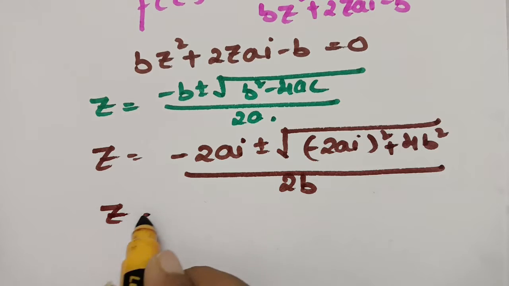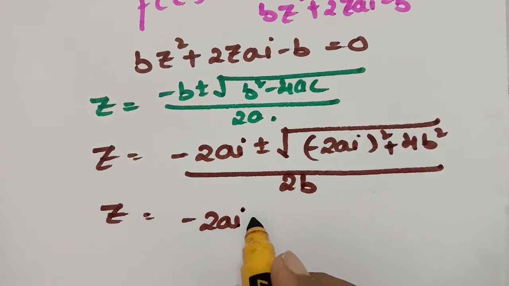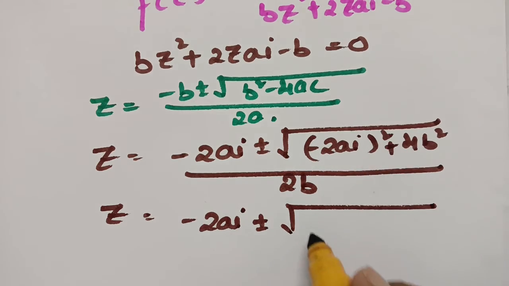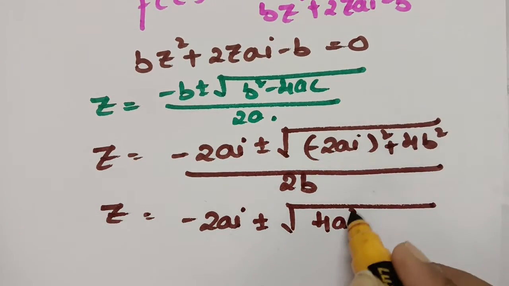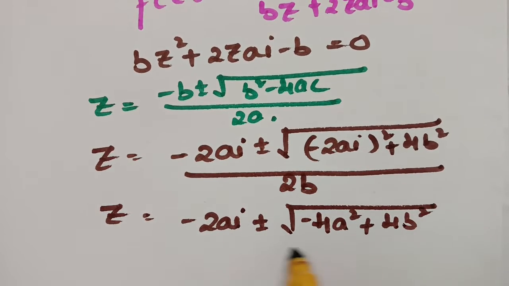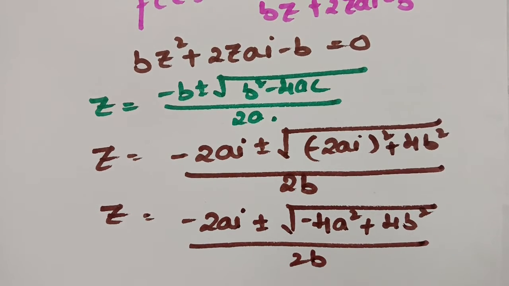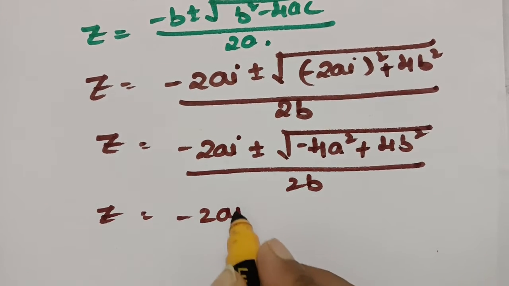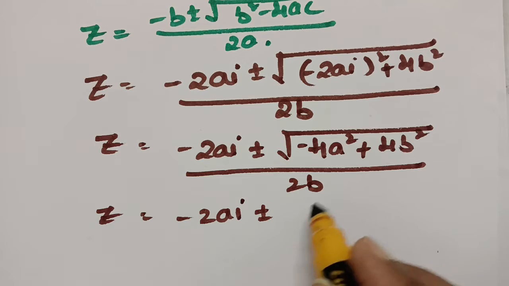Now z is equal to −2ai ± √(4a²i² + 4b²) by 2b.